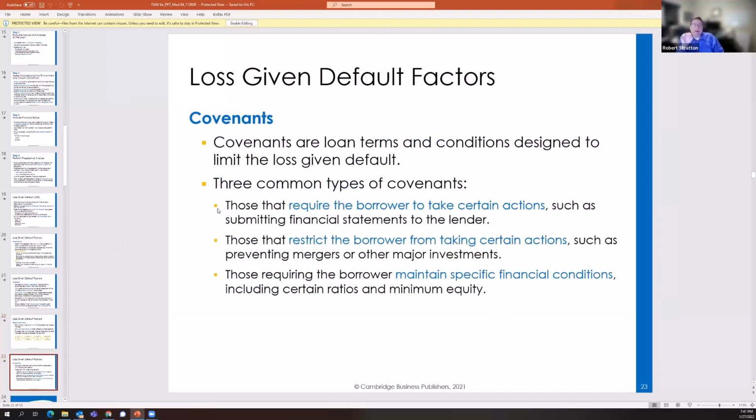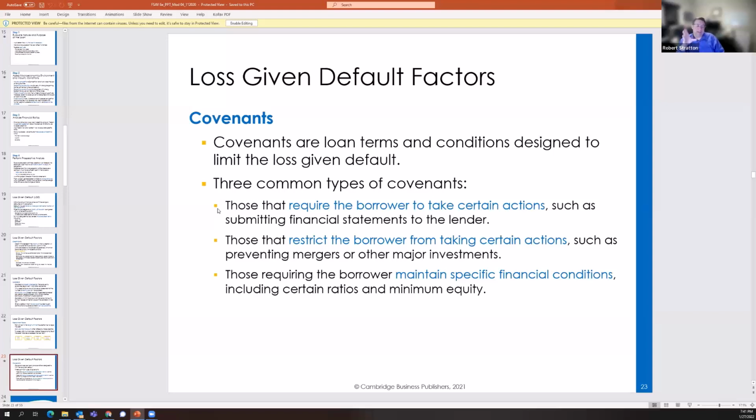Okay, very, very common in business credit is covenants. Almost everything a business does that involves credit will have some form of covenant. This includes even leasing property, like leasing an office.